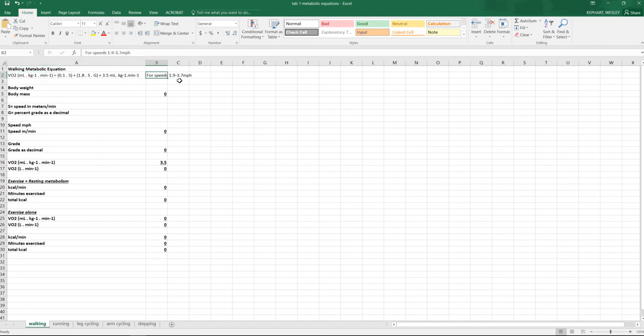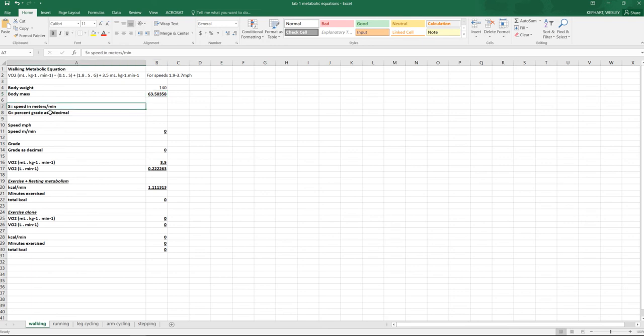This is for speeds of 1.9 to 3.7 miles per hour. I have a bunch of things entered in here for you. If you have somebody and they're exercising, you're trying to figure out how many calories they need to burn. Let's say that they weigh 140 pounds. So that is 63 kilograms.